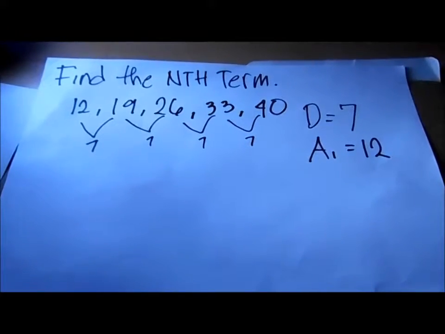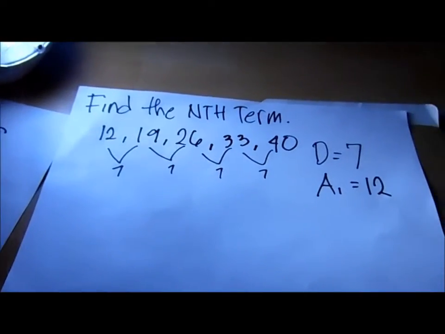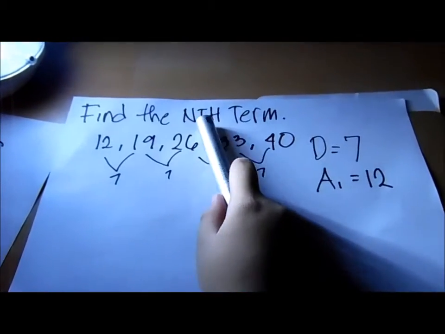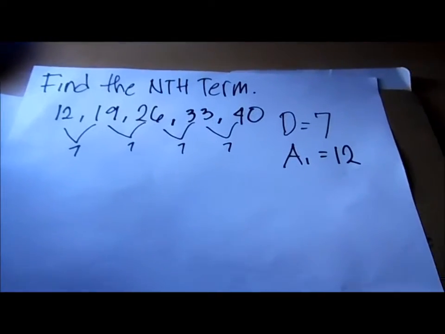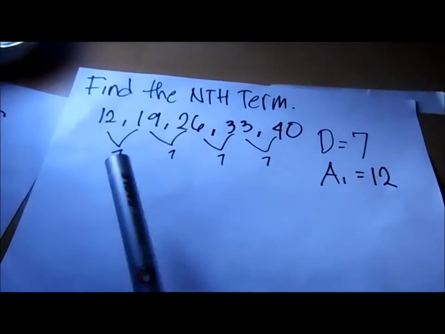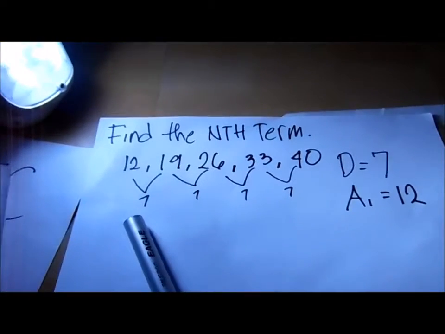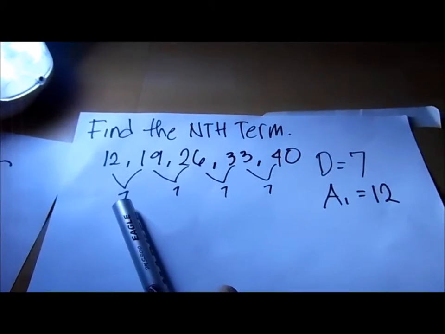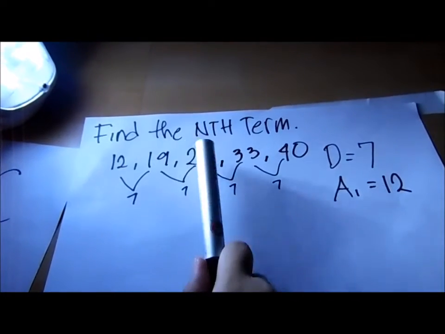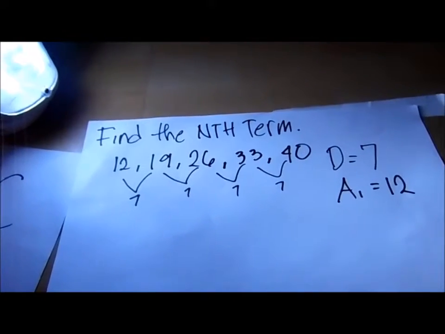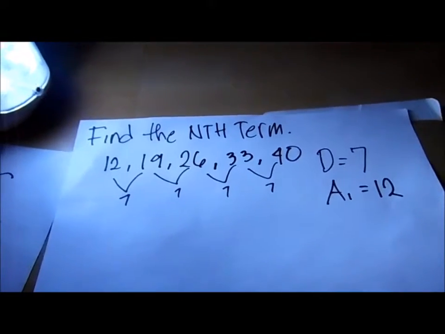So that leaves us with 7 as our common difference, since we're adding 7 to each term. 12 plus 7 is 19. 19 plus 7 is 26. 26 plus 7 is 33, and so on and so on. And the first term it shows us is 12.